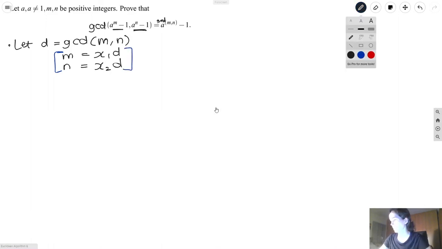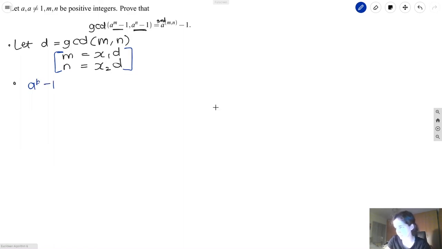Then we're going to use the rule that if you have something like a to the power of b minus 1, you can rewrite this as a minus 1 times (a to the power of b minus 1, plus a to the power of b minus 2, and we can go on and on, plus 1).